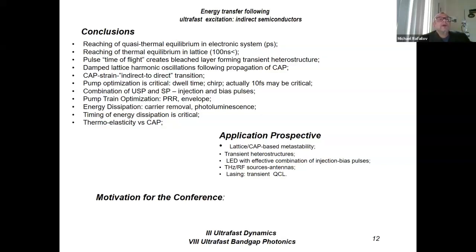So we may create a transient heterostructure in a bulk material, which creates great benefits for technology, and it can pretty much be simulated with just a damped harmonic oscillation model.